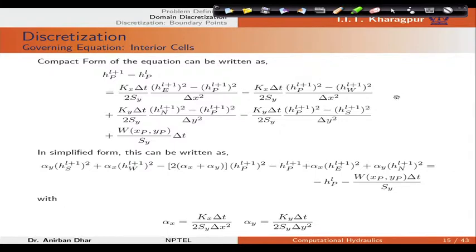Now, in compact form what we can do, we can transfer this S y on the right hand side and del t we can include here. So, del x square obviously in this case will get this parameter multiplied by 1 by del x square, also k x del t by 2 s y should be multiplied by 1 by del x square.